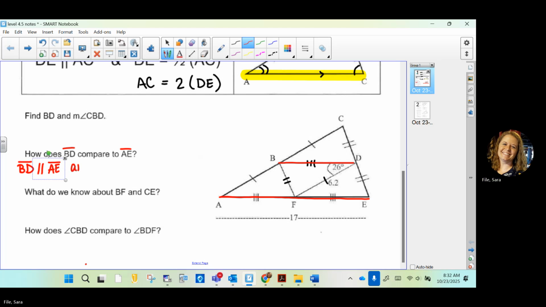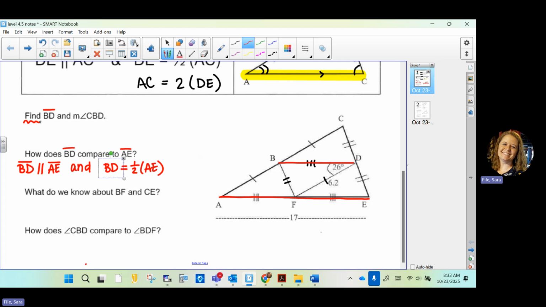And what do we know about their length? How is the mid-segment length going to compare to the side? It's going to be half of it, right? So I'm going to say that BD is half of AE.